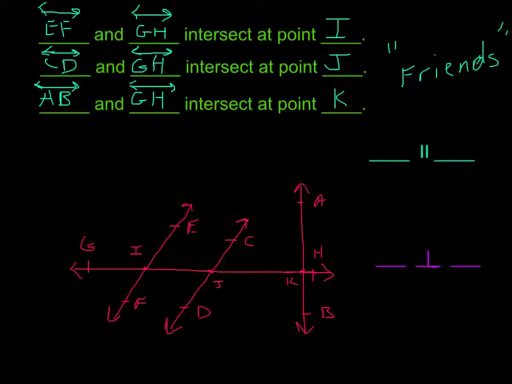So our parallel lines are the enemy, or enemy lines. They don't ever meet. They never intersect. So as we look here, we have two lines that are parallel. They don't ever intersect each other.